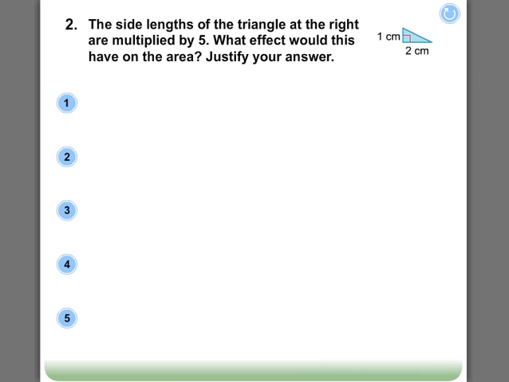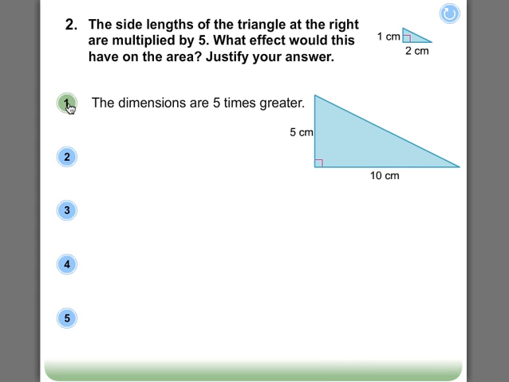The side lengths of the triangle at the right are multiplied by 5. What effect does this have on the area? Remember the difference between area and perimeter, okay? The dimensions are 5 times greater. So you multiply each side times 5. The original area was 1/2 times the base times the height, so it was 1 centimeter squared.